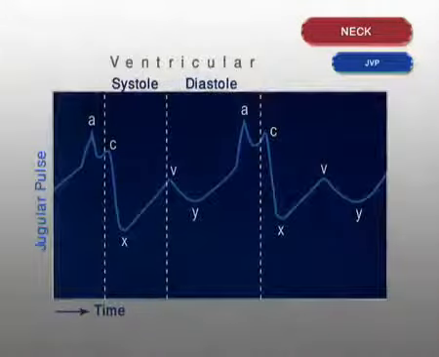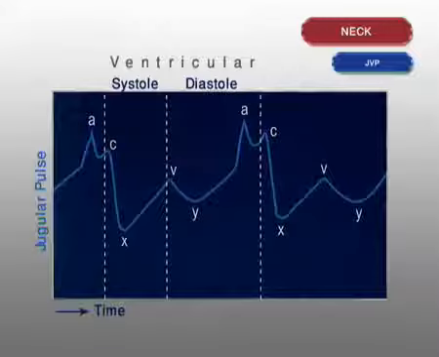Just before we leave the discussion about jugular venous pressure, we have to mention what are the jugular venous pressure waves. We know that the jugular venous pressure waves are multiple waves and they are not simple waves. There are 2 positive pressure waves and 2 major negative pressure waves.